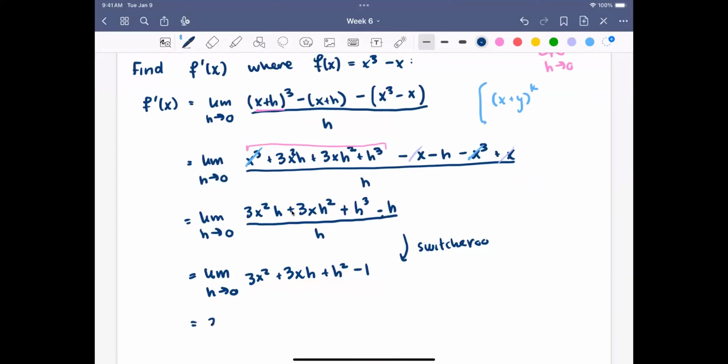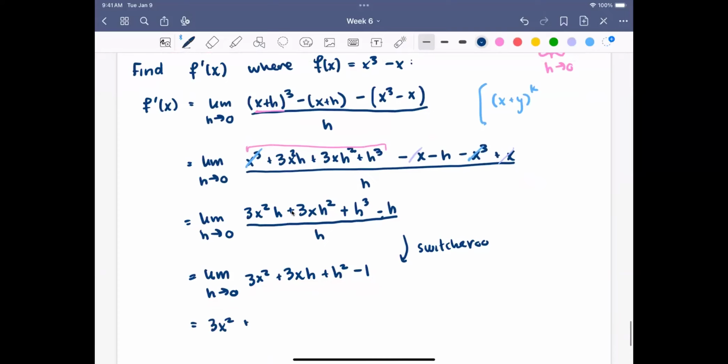So this is 3x squared plus 0 plus 0, and then we just have minus 1.